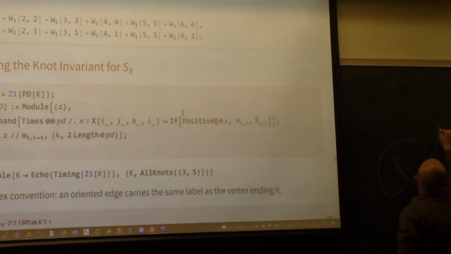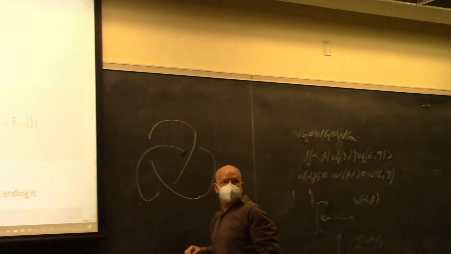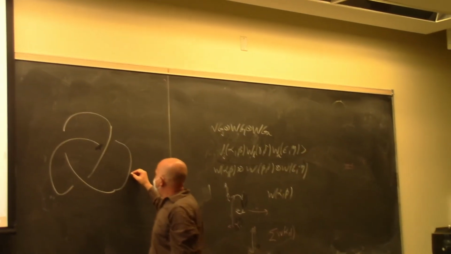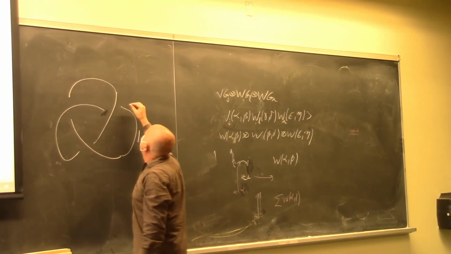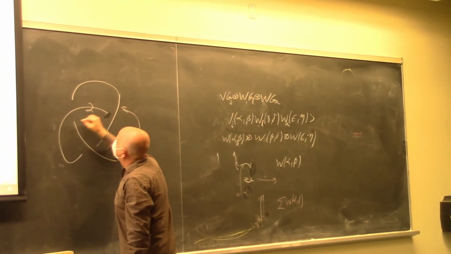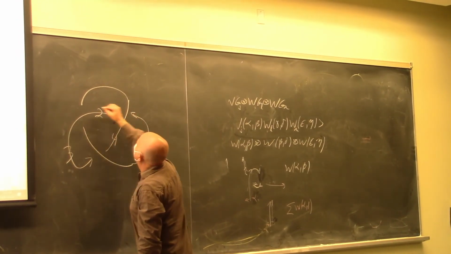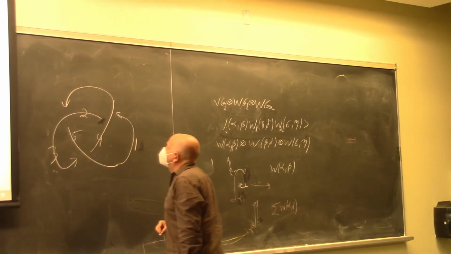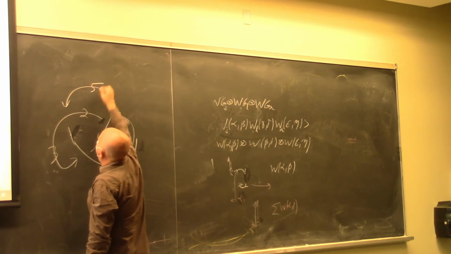Suppose you have a knot, and it's a class that I teach, so it's always the same knot, right? And it's labeled 1, 2, 3, 4, 5 and 6.